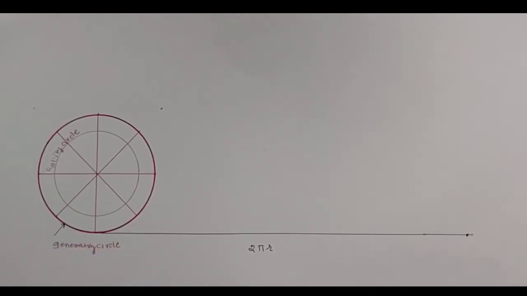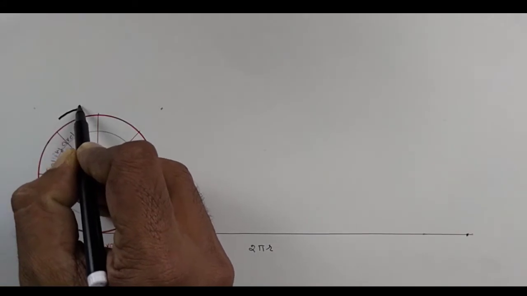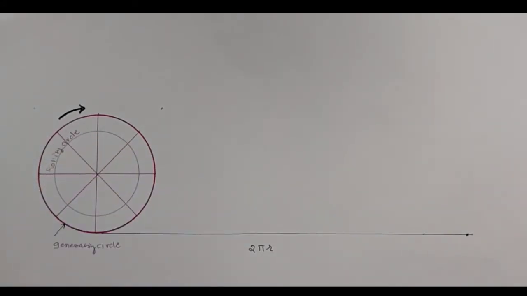Now your rolling circle is stationary here, but my generating circle is moving in the clockwise direction. So we mark the numbering anti-clockwise. It is the initial point where your generating circle contacts your directrix line, or straight road.